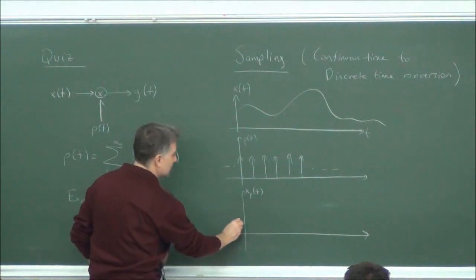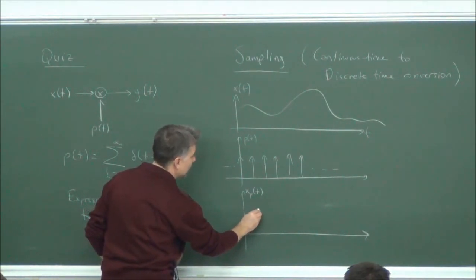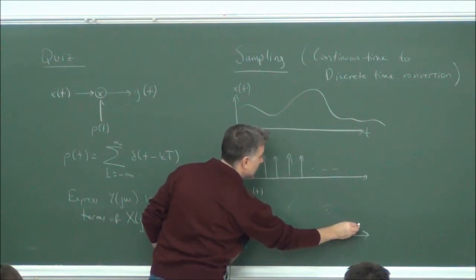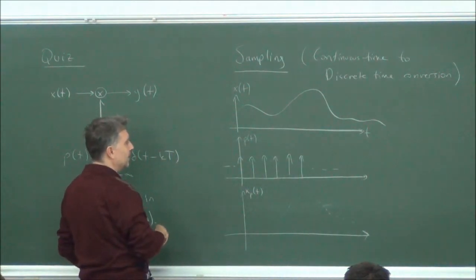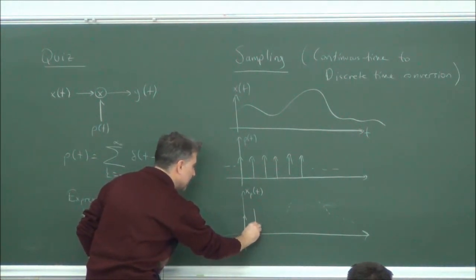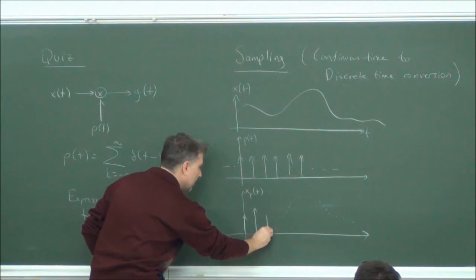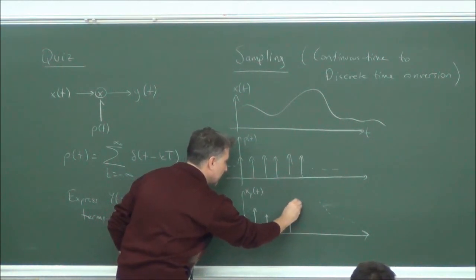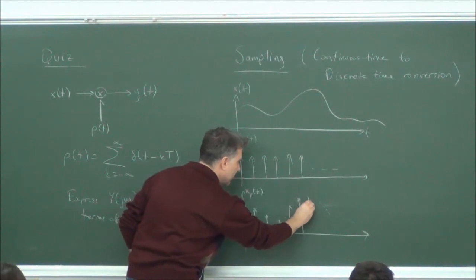And the result will be, with an envelope related to x of t as above, we have impulses, like this, sort of.